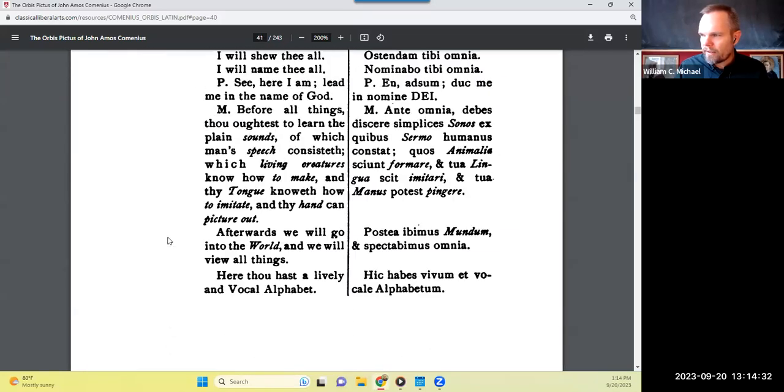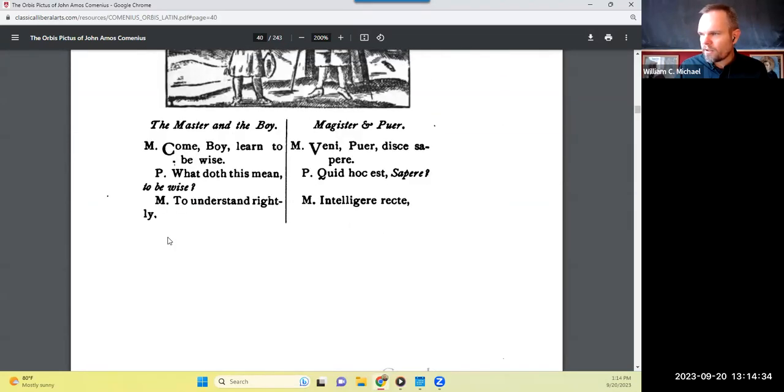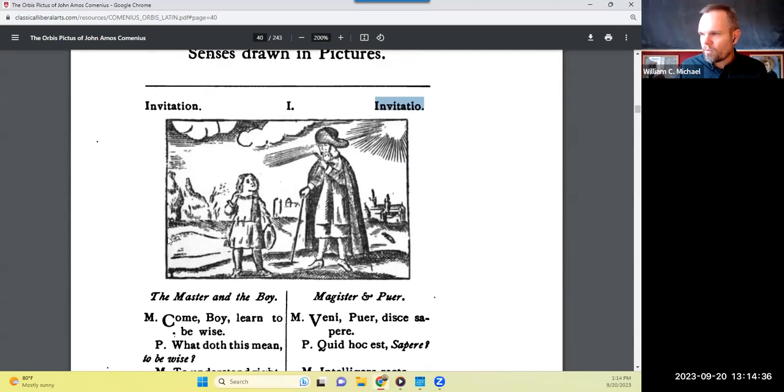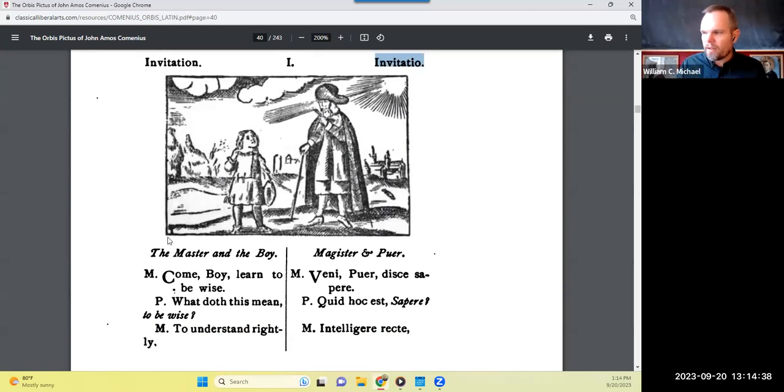And what I'd like to do, I asked my wife, because she works with younger students, what would be helpful, and she said that it would be helpful for the kids to just hear the Latin. So pronunciation becomes easy, and it makes it easier to study. So what I'd like to do is just read through the Latin lesson and then walk through it and help you understand how to study it.